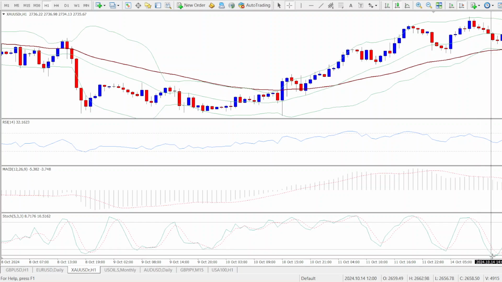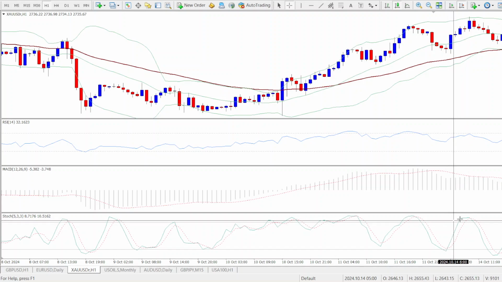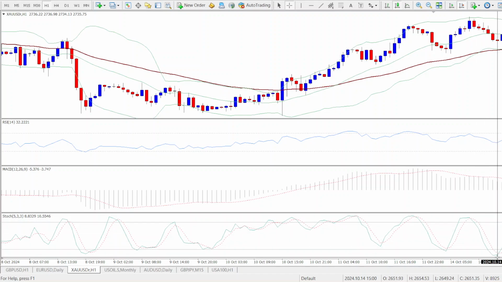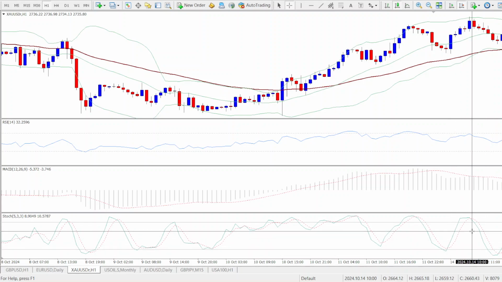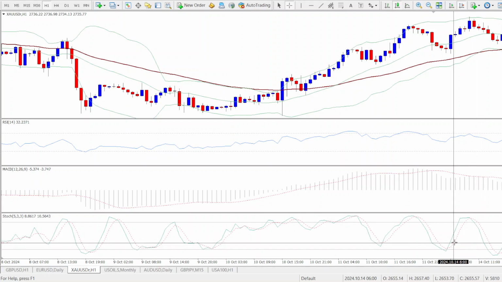Now when the stochastic moves above 80, it's often a signal that the market might be overbought, right? When it dips below 20, it's likely oversold. So use it as a guide to find moments when price is likely to shift direction, giving you a chance to enter or exit with precision.